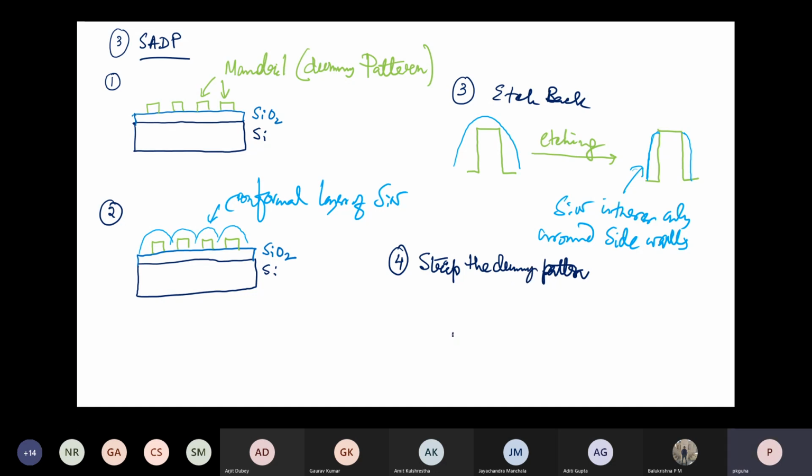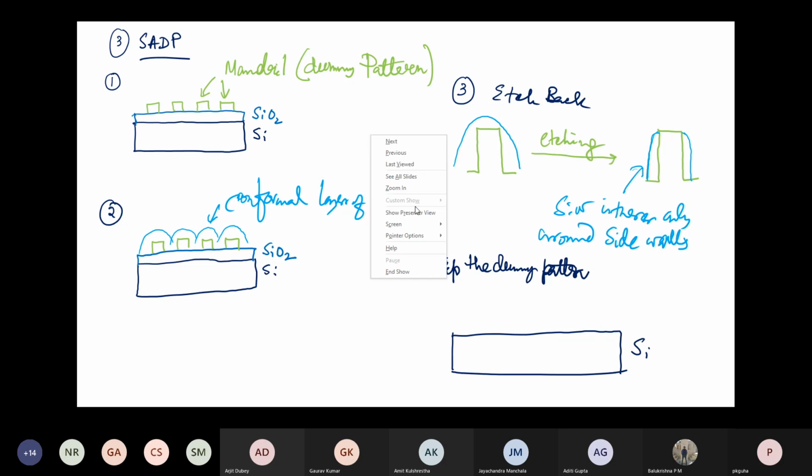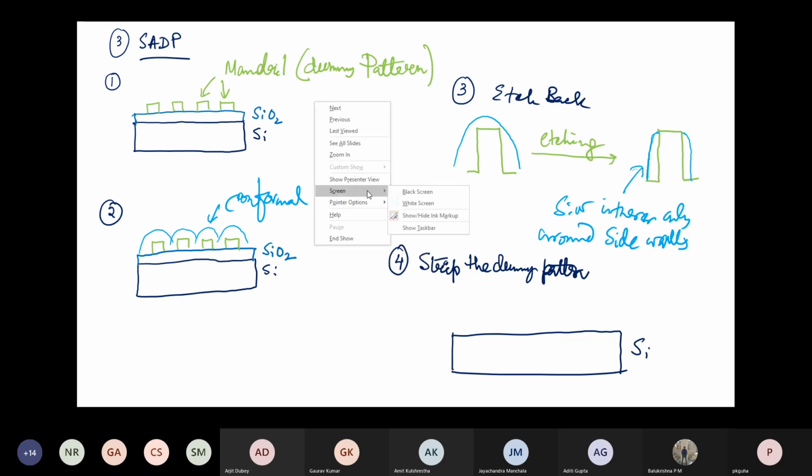So here again, let me draw once more. This is my silicon. This is my SiO2.